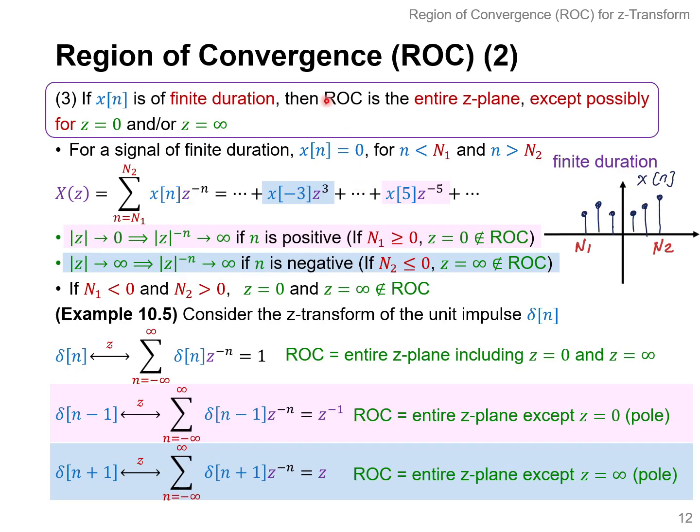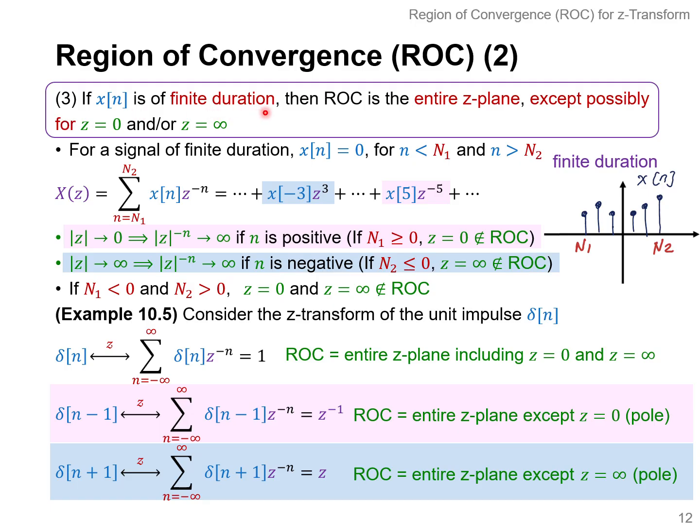Let's continue with the ROC for the z-transform. Now we look at signals that have finite duration and see how their ROC behaves. Property 3: ROC for finite duration signals.